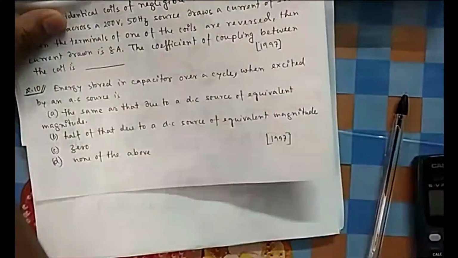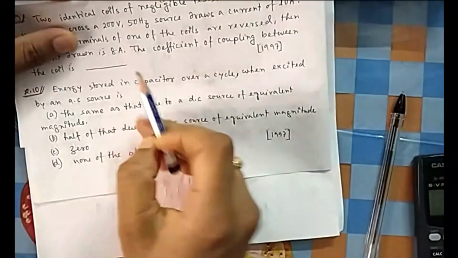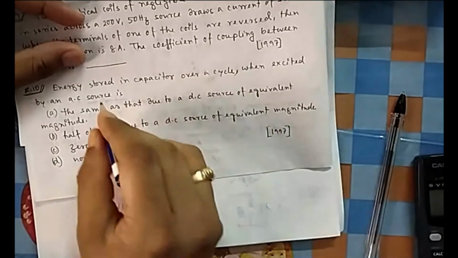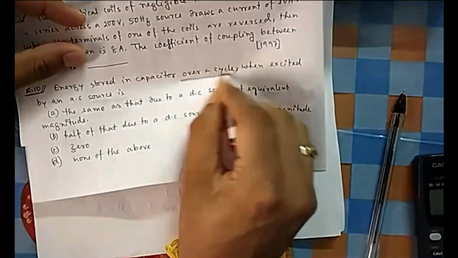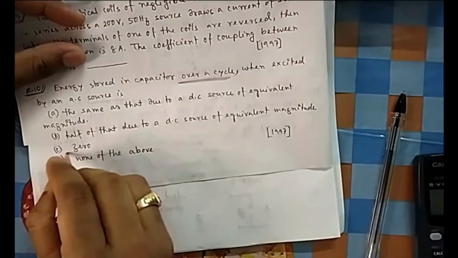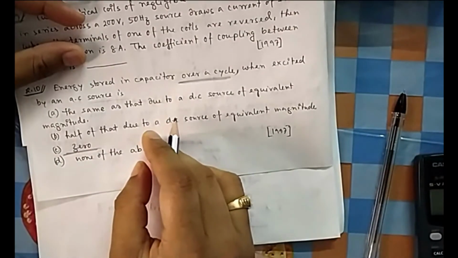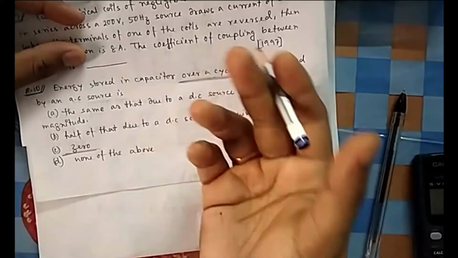Energy stored in a capacitor over a full cycle. You can solve it here itself. The energy stored in a capacitor over a cycle when excited by any source, the same as that of DC source, half that due to the, you can see. So over a cycle, the energy stored is always 0, because it's a capacitor: in one half it will store, in another half it will deliver.